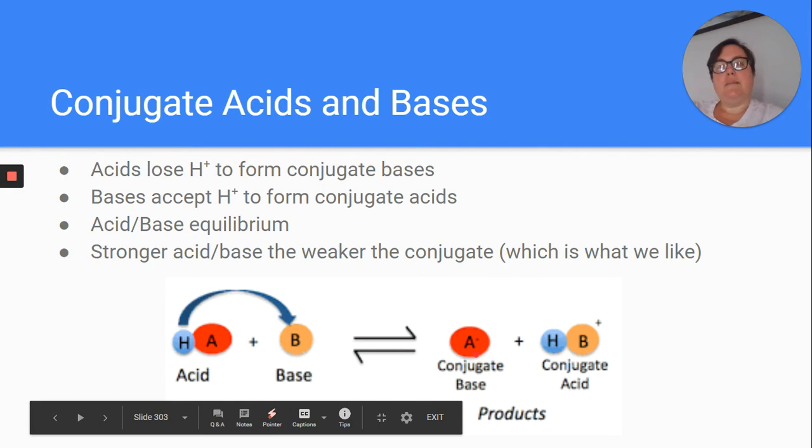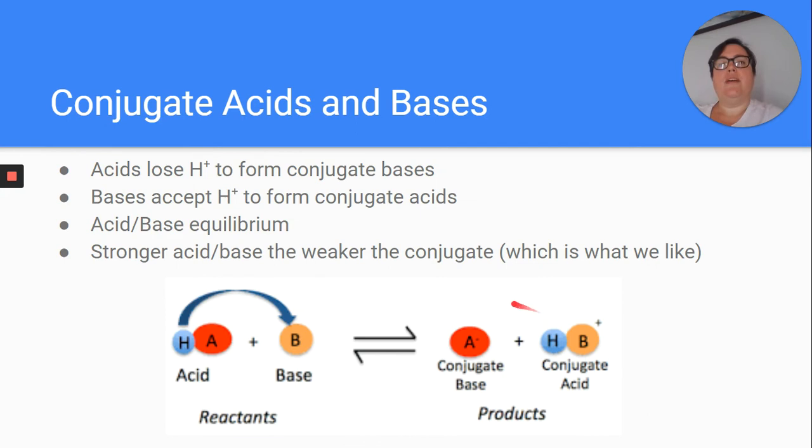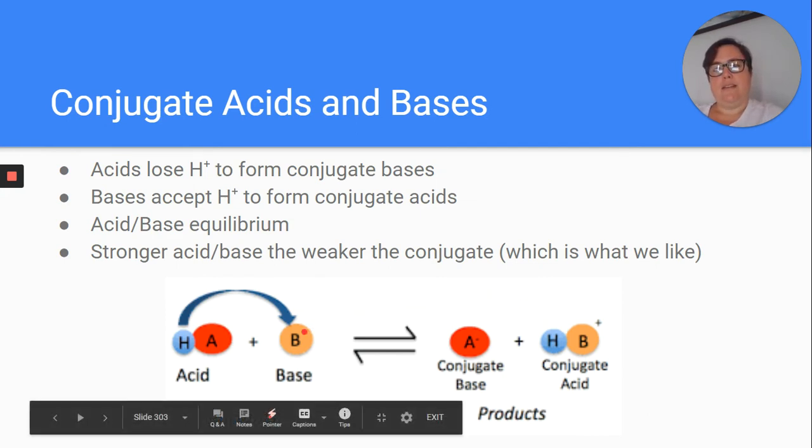And it's called conjugate base because it can reaccept that hydrogen and reform that acid. Remember, the reactions go both directions here. So acids turn into conjugate bases that can accept back the hydrogen. Bases accept the hydrogen and form conjugate acid because they could redonate that hydrogen.